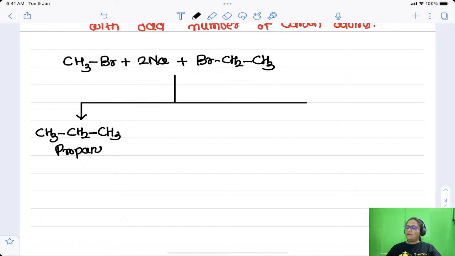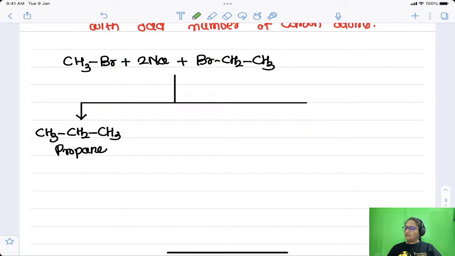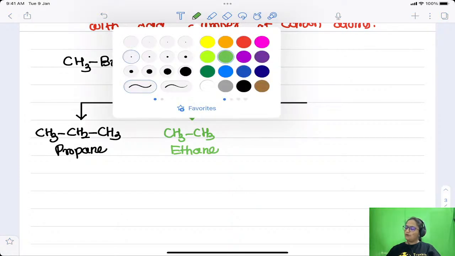But apart from that, it will give unwanted products also. For example, CH3Br can combine with another molecule of CH3Br, so we will get CH3CH3, which stands for ethane. This is another product.